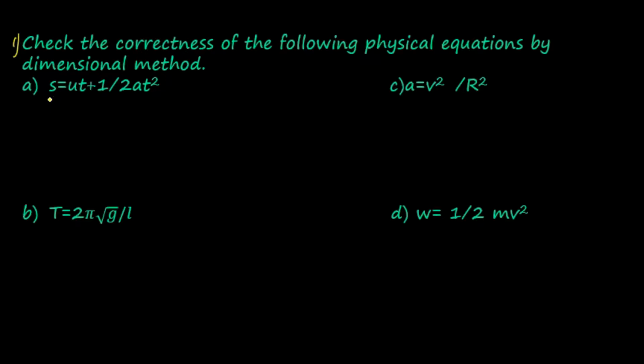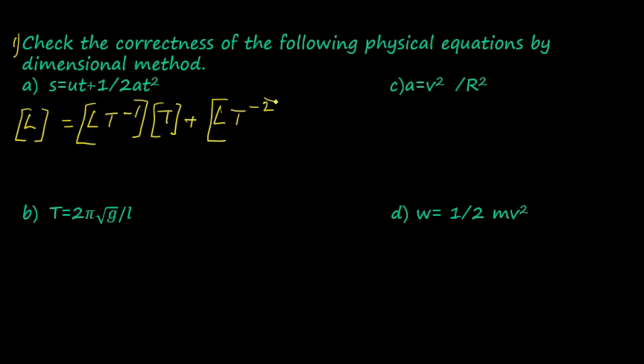The left hand side of the first equation, for s, is L. Right hand side: u is initial velocity, LT^-1, into t, so ut is LT^-1 into T. Plus, half has no dimension. a is LT^-2 into t², T^-1 and this T get cancelled, T^-2 and T² get cancelled.